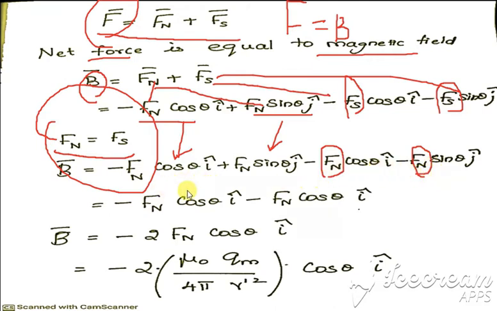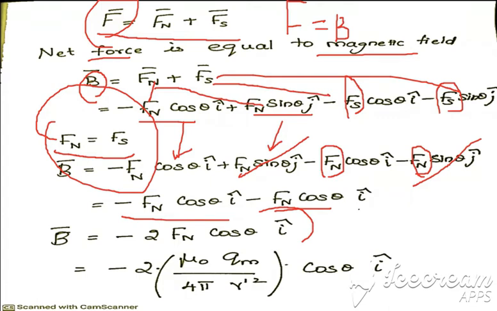Now when you see here, this is minus Fn cos theta and minus Fn cos theta. I am writing as it is plus Fn sin theta, and minus Fn sin theta gets cancelled. So minus Fn cos theta and minus Fn cos theta, if you add, you will get minus 2 Fn cos theta.